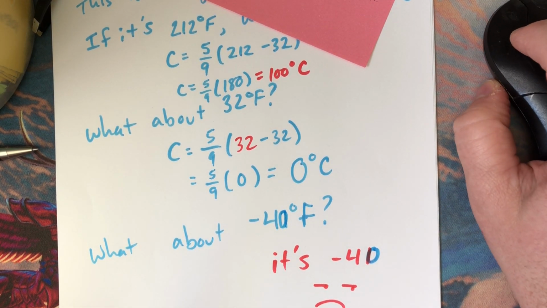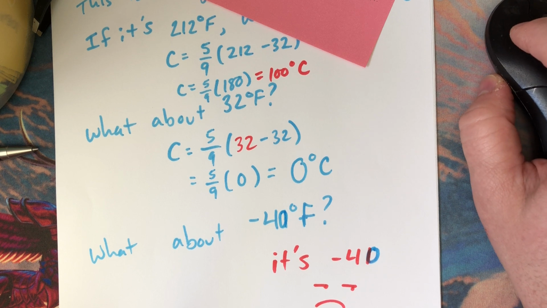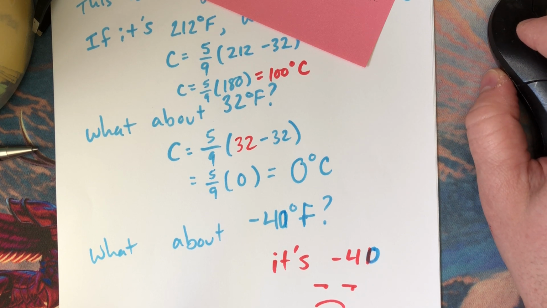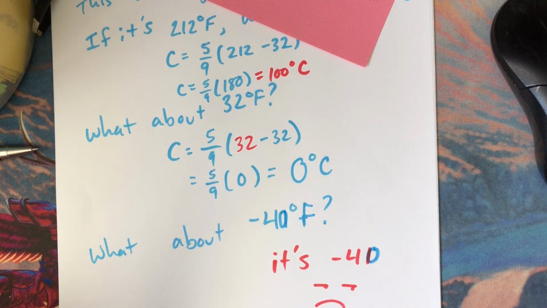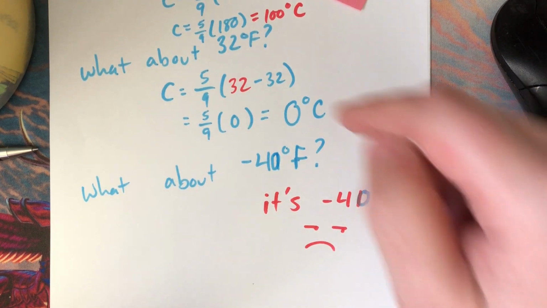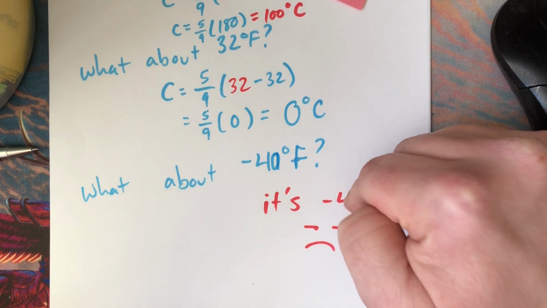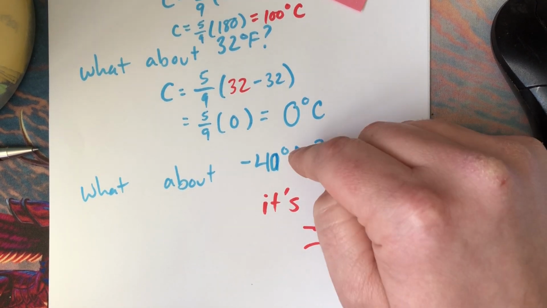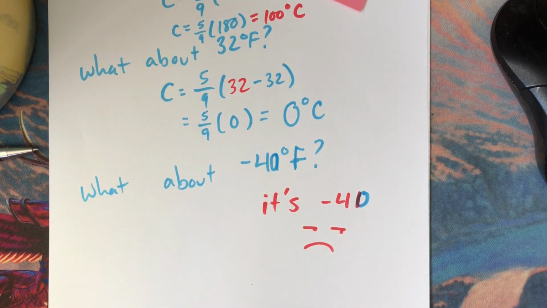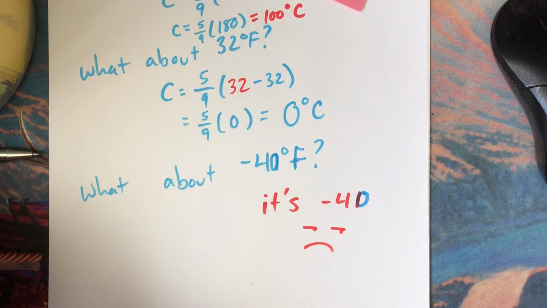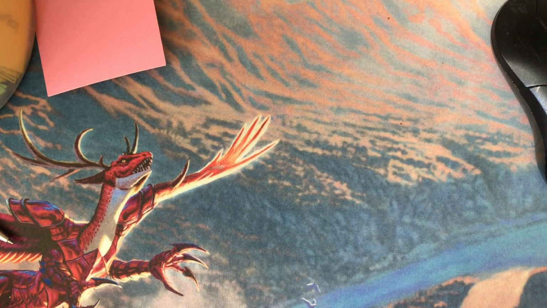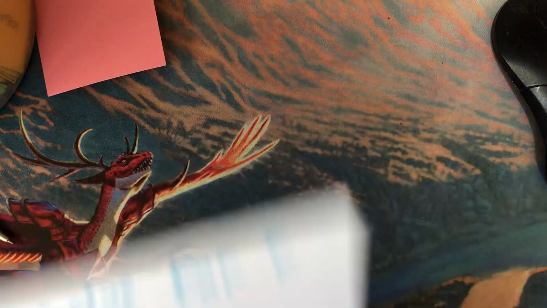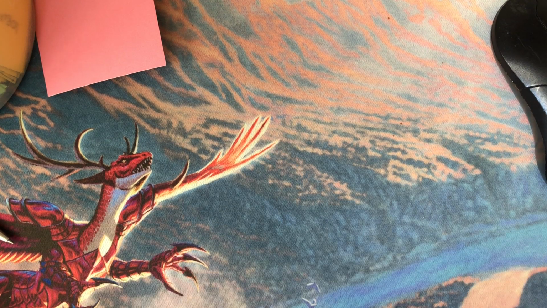Oh, I'm glad I actually checked this. Whoops-a-daisy. I was off by 1. So negative 40 degrees Fahrenheit is negative 40 degrees Celsius. That's weird, but it's true. So they have different boiling points, different freezing points, but then negative 40 degrees is the same for both. Sorry if I scared you with the 41. I made a mistake.